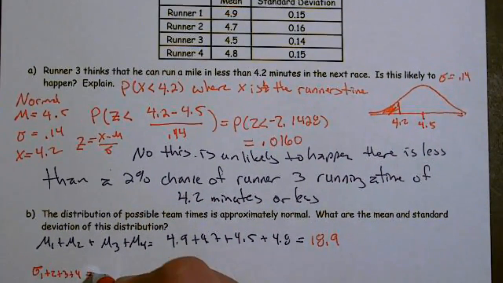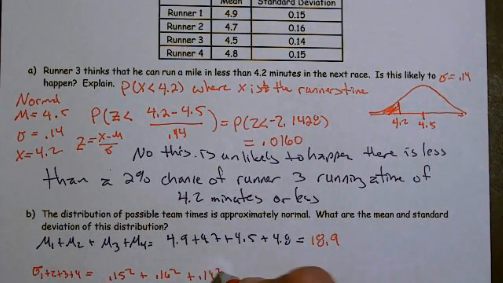That equals the square root of 0.15 squared plus 0.16 squared plus 0.14 squared plus 0.15 squared, all of that under the radical.